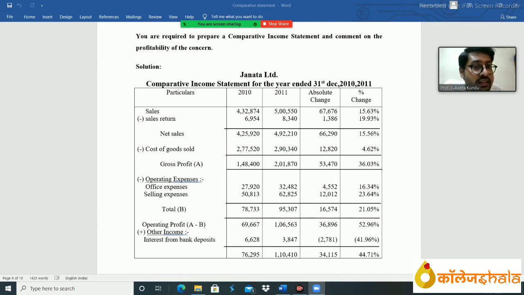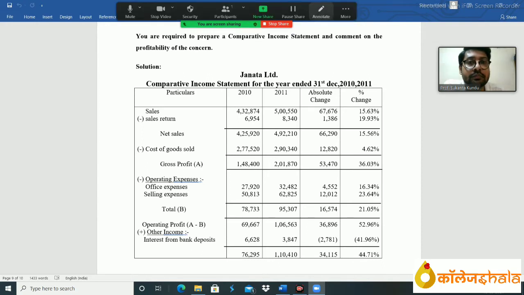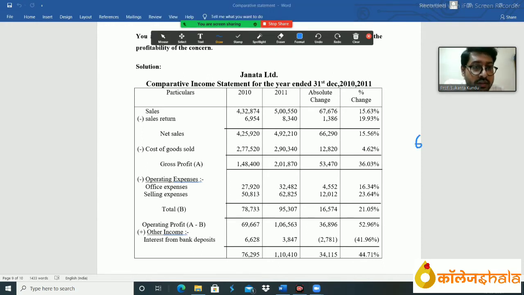The absolute change is 67,676 and percentage change is 67,676 divided by the base year figure 4,32,874 into 100.